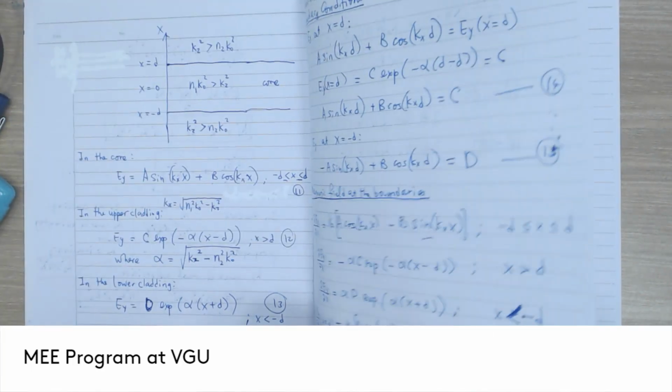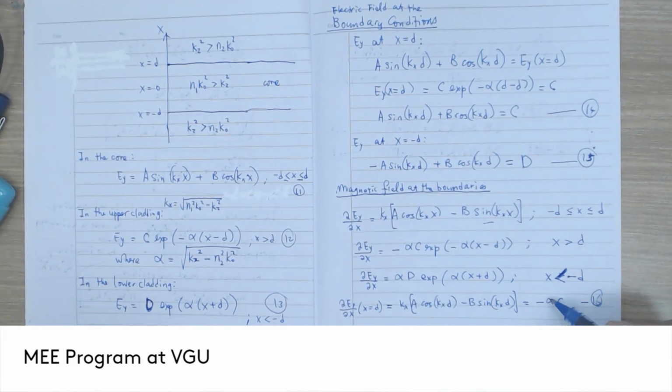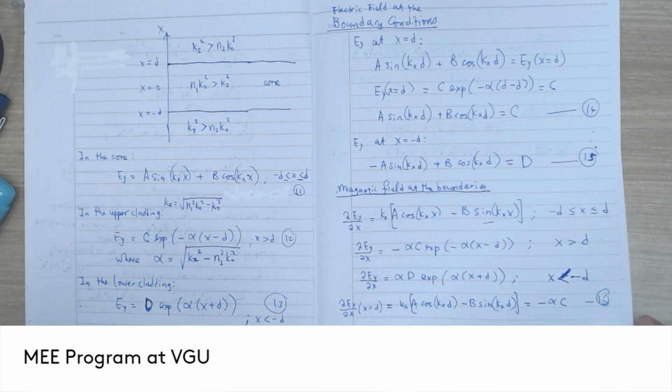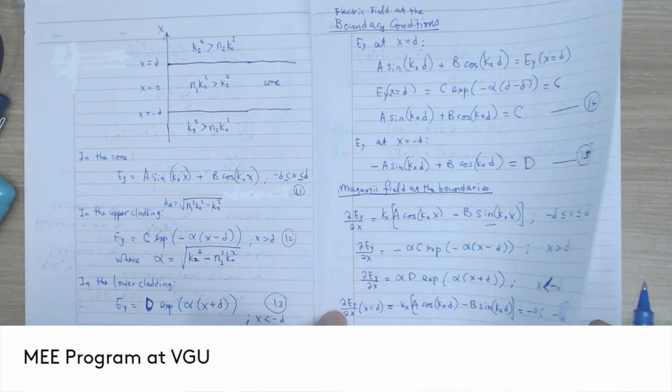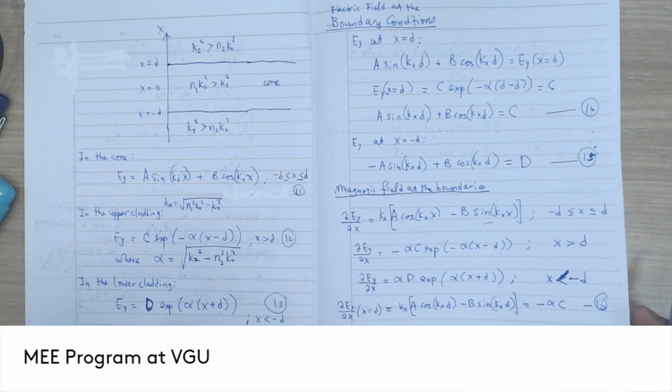And now we can do the same for the last two equations. This one and this one is very difficult to see. I better rewrite this one at the top.